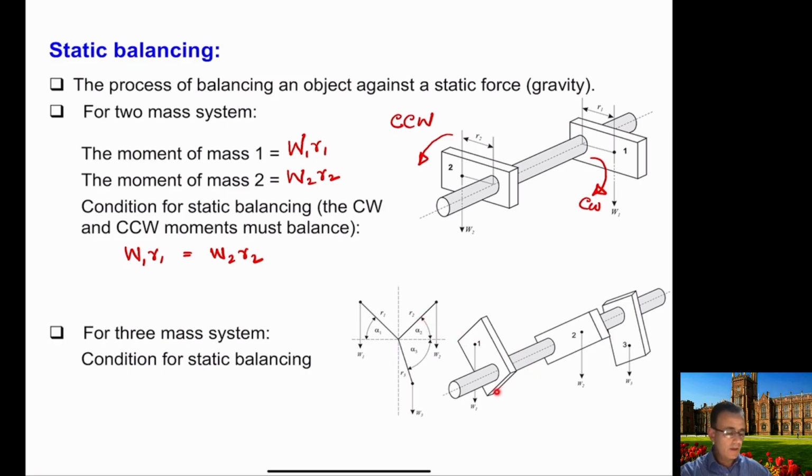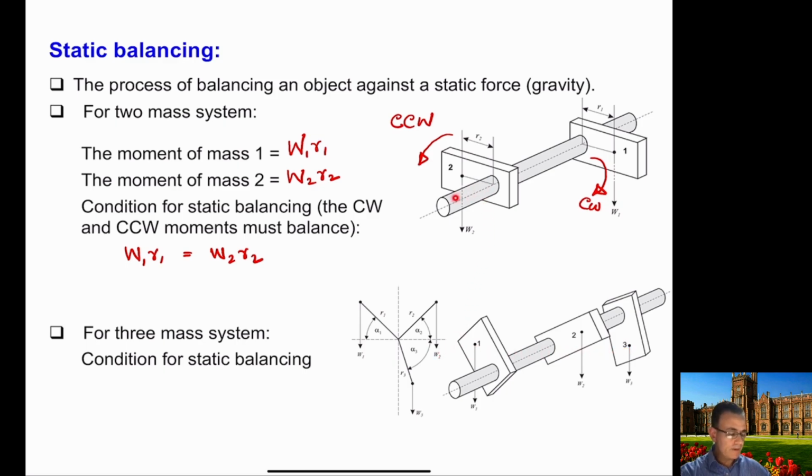Again, we can see that W1 is the weight of mass 1, W2 is the weight of mass 2, and similarly W3 is the weight of mass 3, and points 1, 2, and 3 are the centers of gravity of these masses.